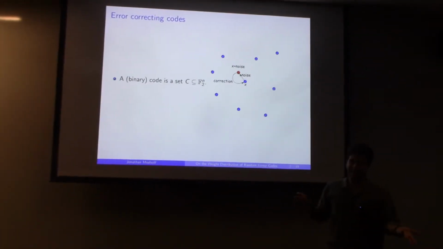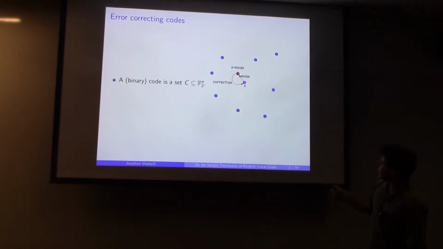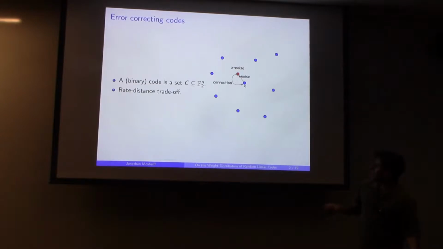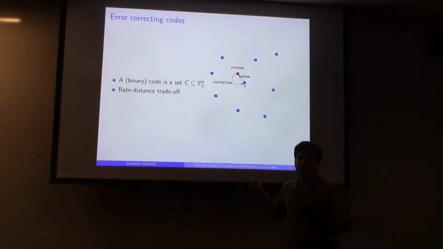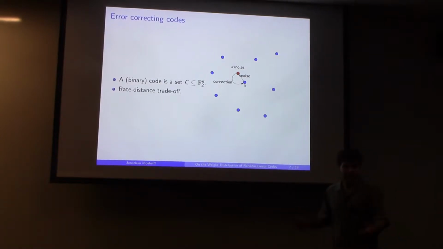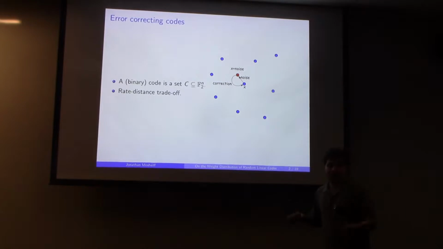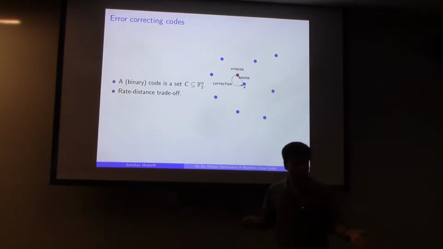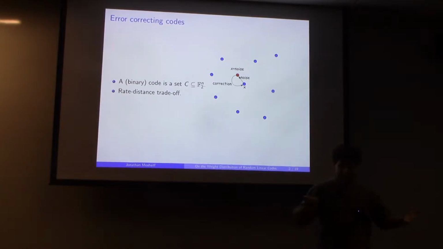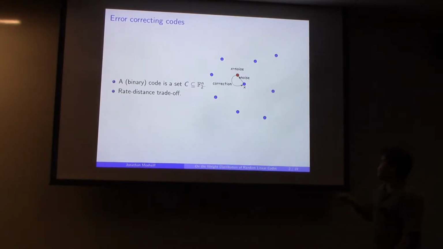That might be what Alice has sent, and he fixes it to that closest point, and then he manages to recover X again. So what we want from this code is, on one hand, for the points in the code to be far from each other to allow for correction. And on the other hand, we want it to be as big as possible, which allows us to get a good rate of communication. And of course, these two notions are at odds with each other. This is pretty much the entire trade-off that we have in codes.